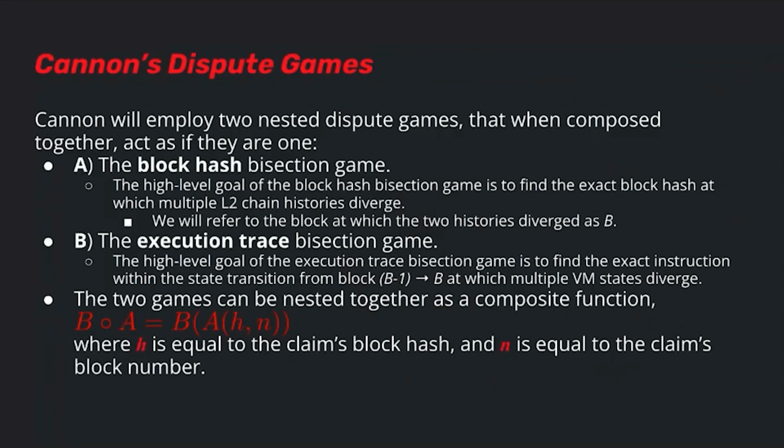We can represent this as a composite function, where B is composed of A, and A takes in two inputs: the block hash of the claim and the block number of the claim. We need the block number so that the first bisection in the block hash game can actually reach this maximum depth, and we'll see more when we define the partial interface in a couple of slides. Oh, actually, it's this one.